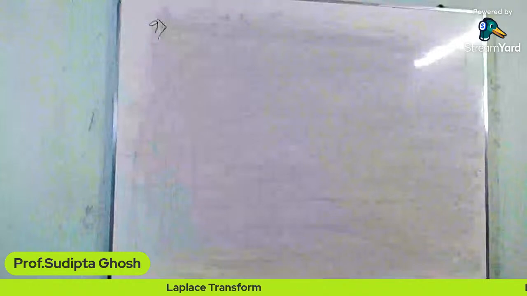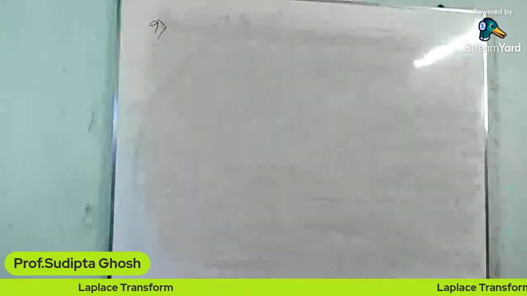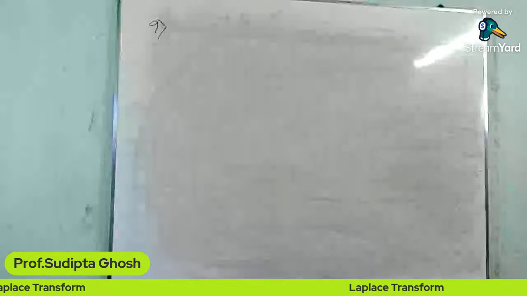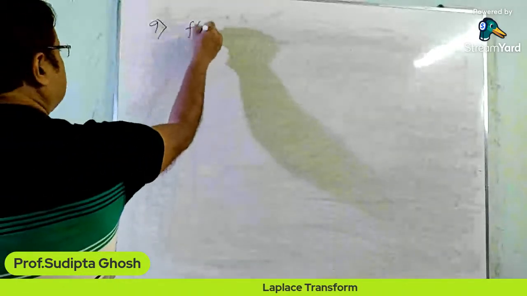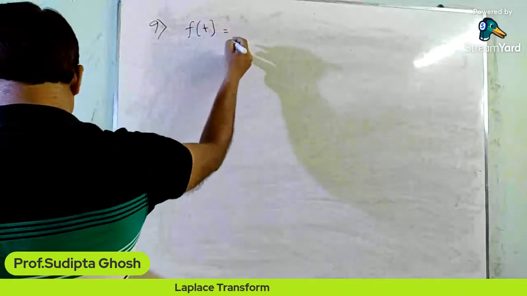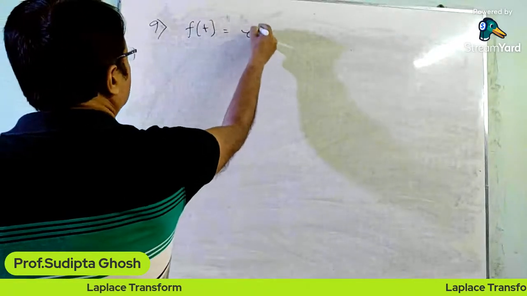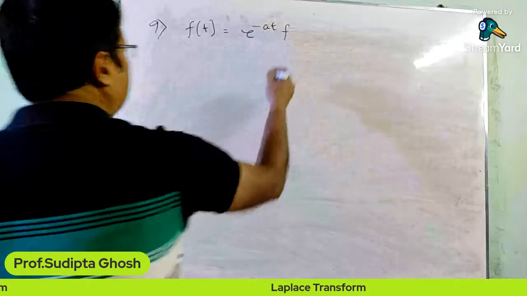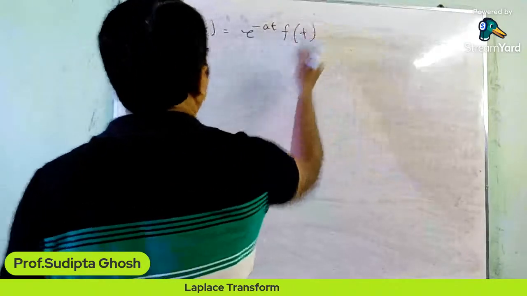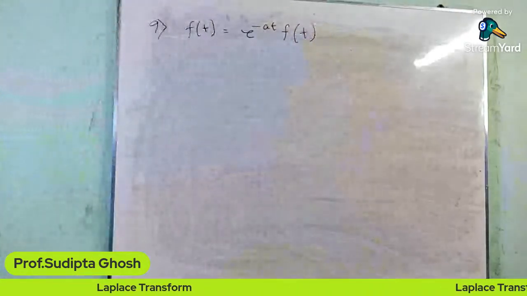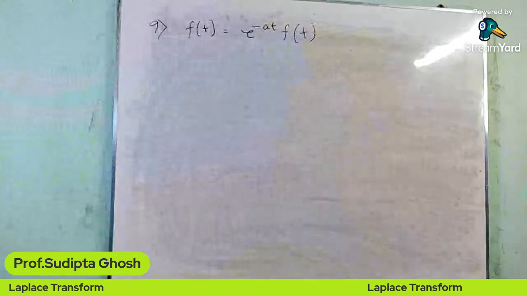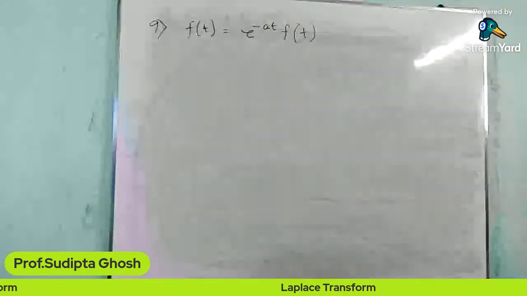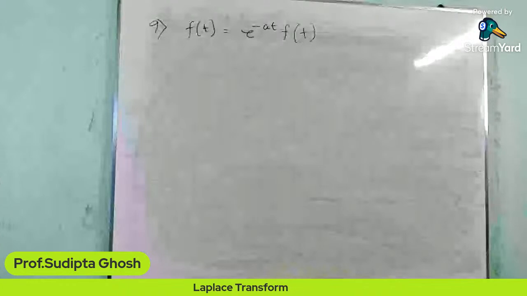Now let's proceed to some complex forms, and let the function be e to the power minus at into f of t.